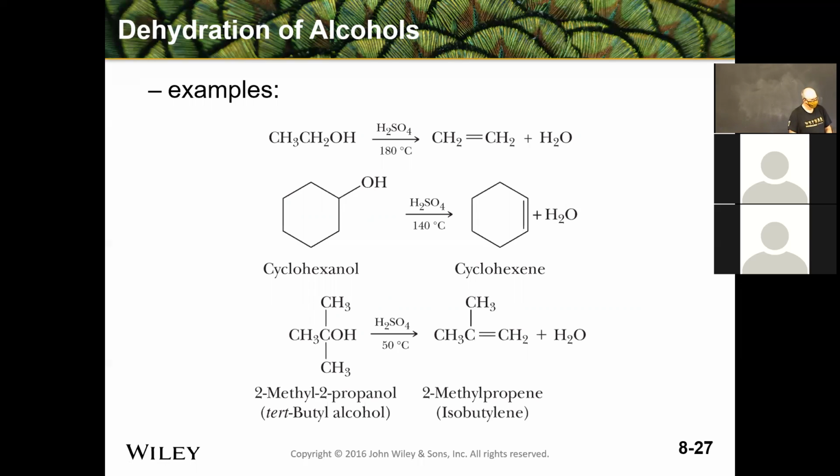We can dehydrate it at 140 degrees, a somewhat lower temperature. This is a reaction we commonly do in the laboratory, dehydration of cyclohexanol. We're removing an H and an OH from adjacent carbons to get an alkene. Tert-butyl alcohol is very easily dehydrated. Notice the temperature, about 50 degrees Celsius.